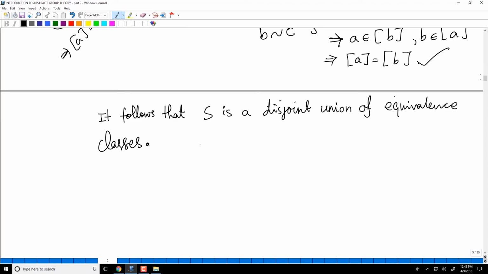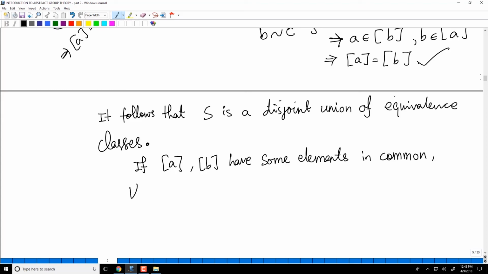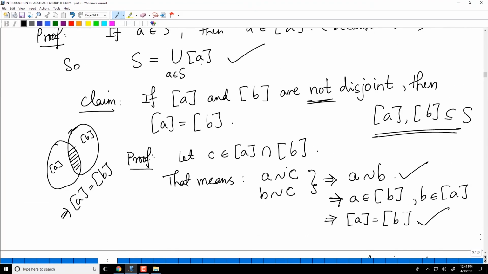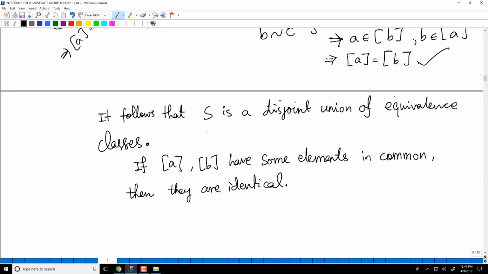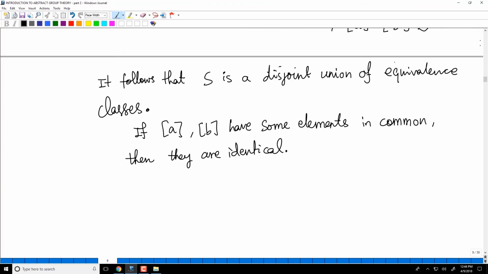So because of what we have shown, if they have some elements in common, they are identical. That's what we have shown here, right? If A and B are not disjoint, in other words, they have something in common, they are identical.